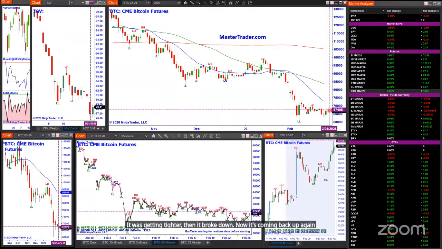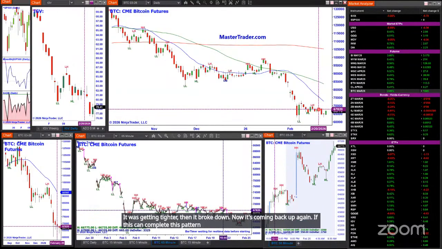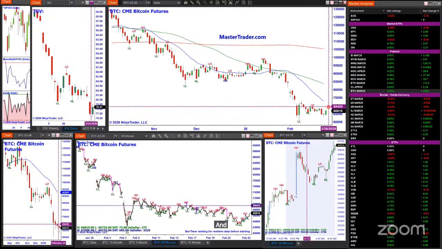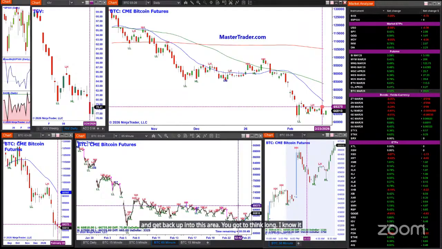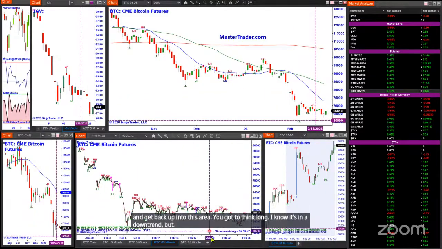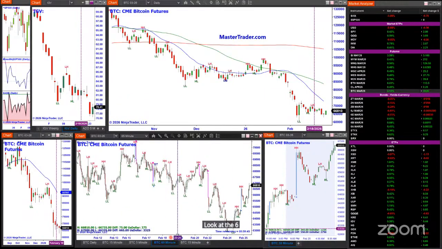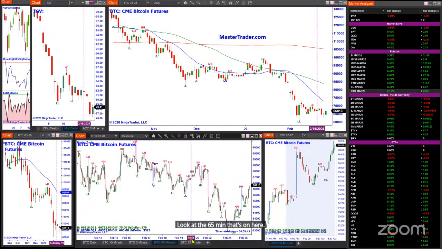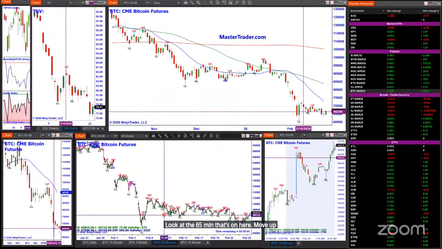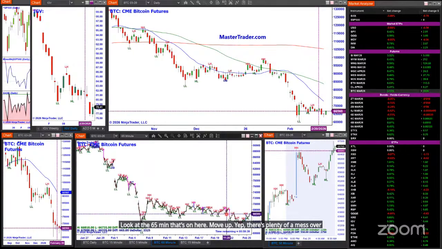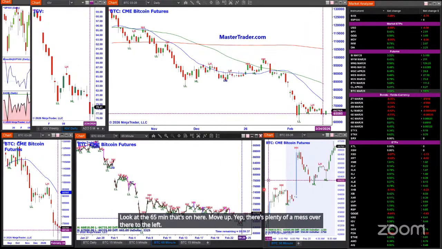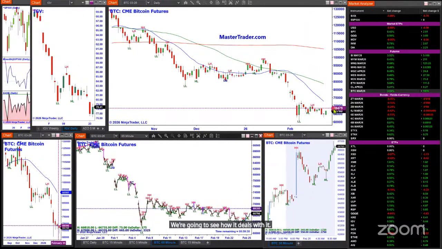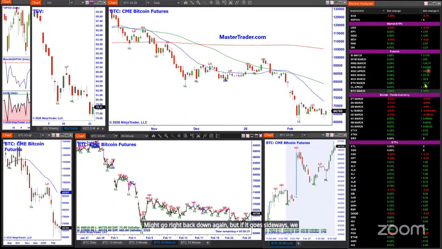If this can complete this pattern and get back up into this area, you've got to think long. I know it's in a downtrend, but look at the 65-minute. That's on here. Move up. Now, yep, there's plenty of a mess over there to the left. We're going to see how it deals with it. It might go right back down again, but if it goes sideways, we know what that means.